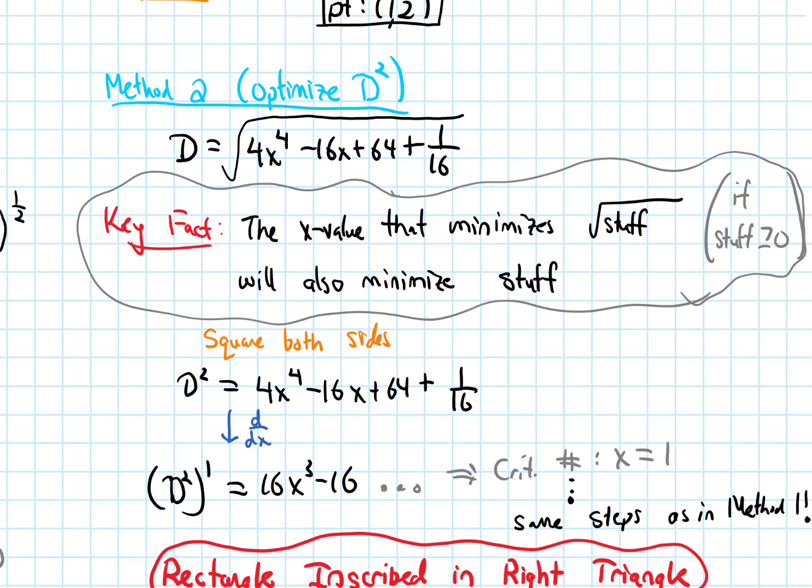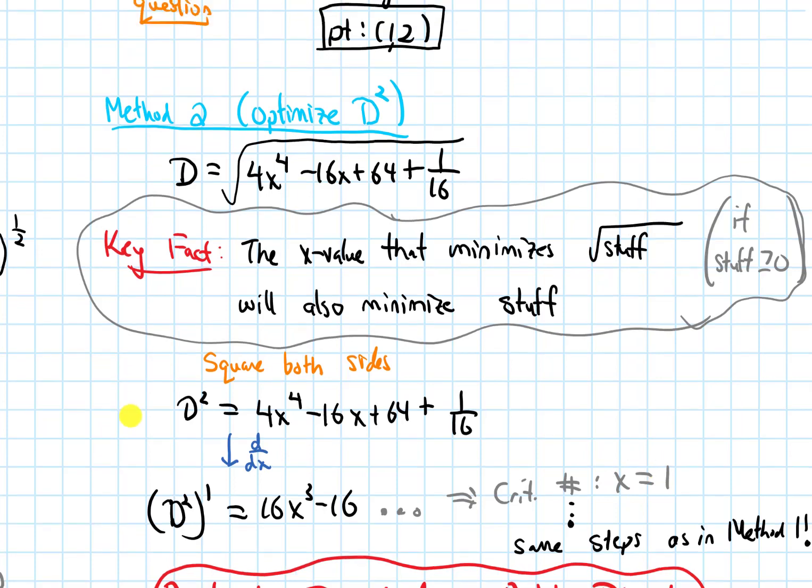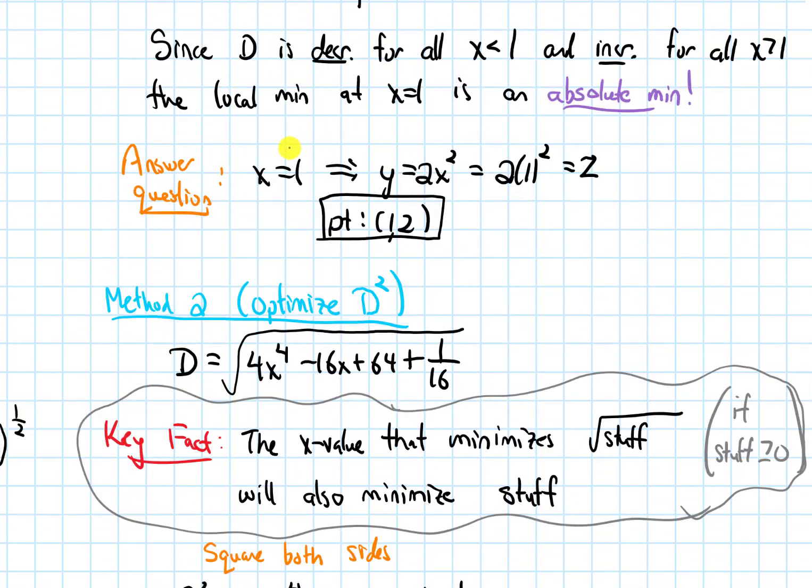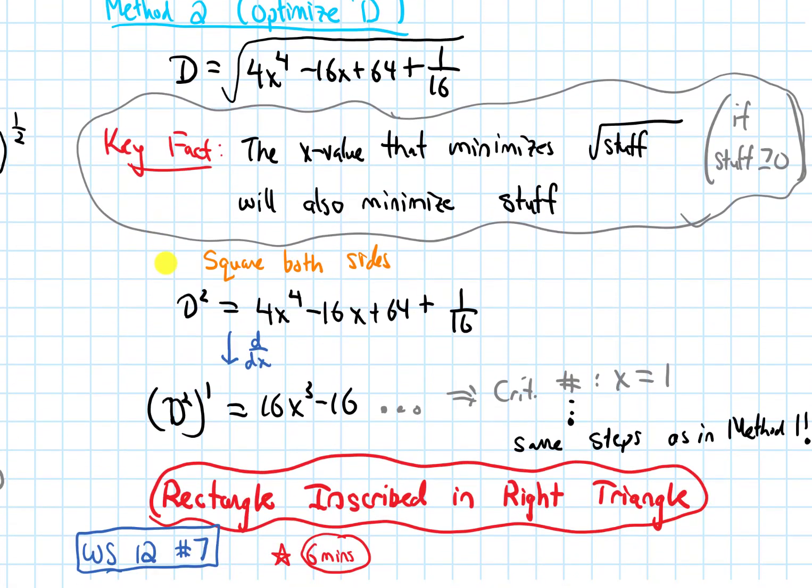Essentially, we would just be doing sign chart work with this derivative function. Notice we don't have that square root anymore on the bottom, so that's going to be simpler to work with. And when we do that, we'll get that x equals 1 corresponds to a min. Then we could find the y value by plugging it into the parabola equation as we did above, and it's just nicer computationally.